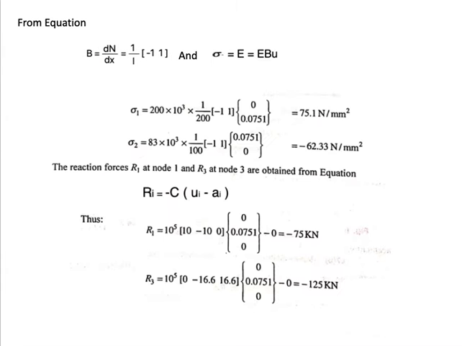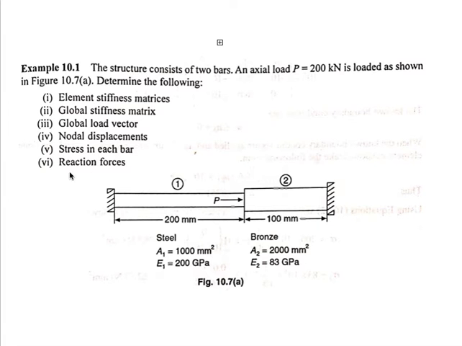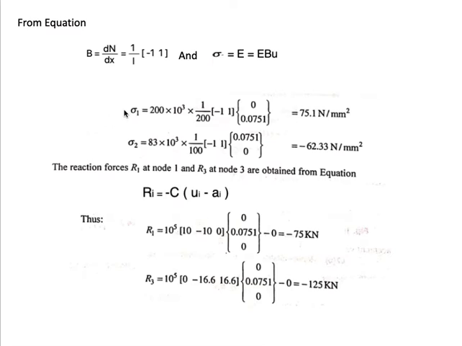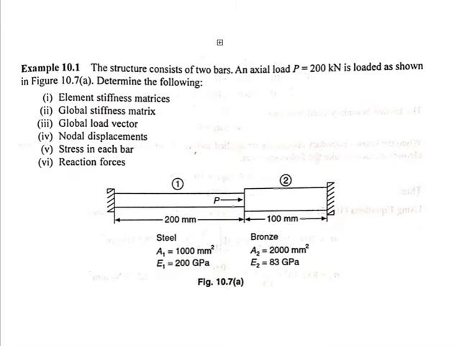So now 0, 0.075 and 0 minus 0 is equal to minus 125 kilonewton. So these are the reaction forces R1 and R3 we were looking for, right? So this is one example on the bar element.